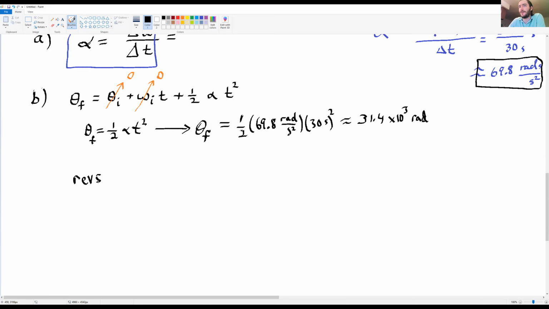So revolutions is equal to the theta final that we calculated divided by 2 pi. And so yeah, it looks like it's going to come out to 5,000 there.